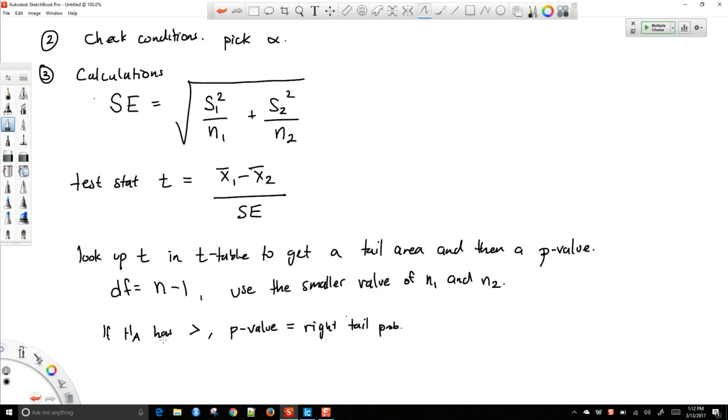If the alternative has a less than sign, then the p-value is equal to the left tail probability, or tail area. And if the alternative has a not equal sign, then the p-value is 2 times the tail.